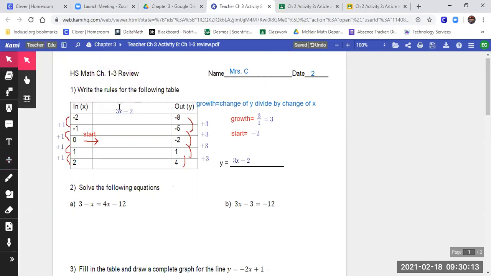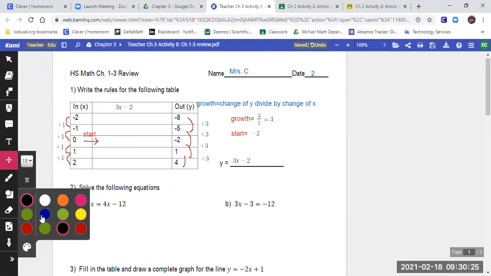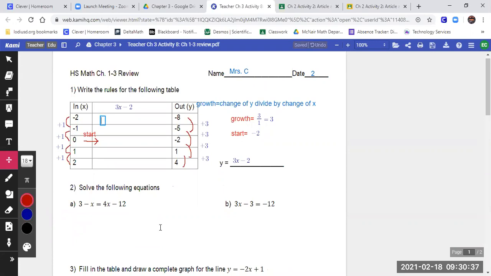So what is this rule telling me I'm supposed to do? What does it mean when we say 3x minus 2?